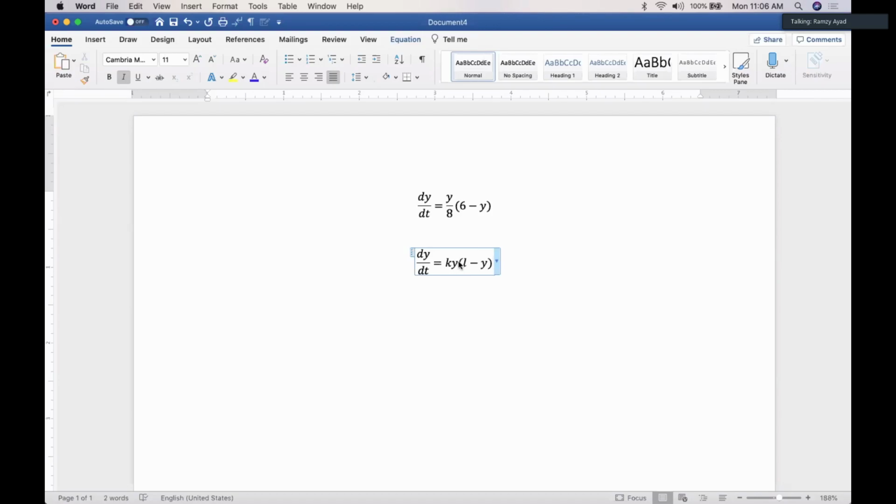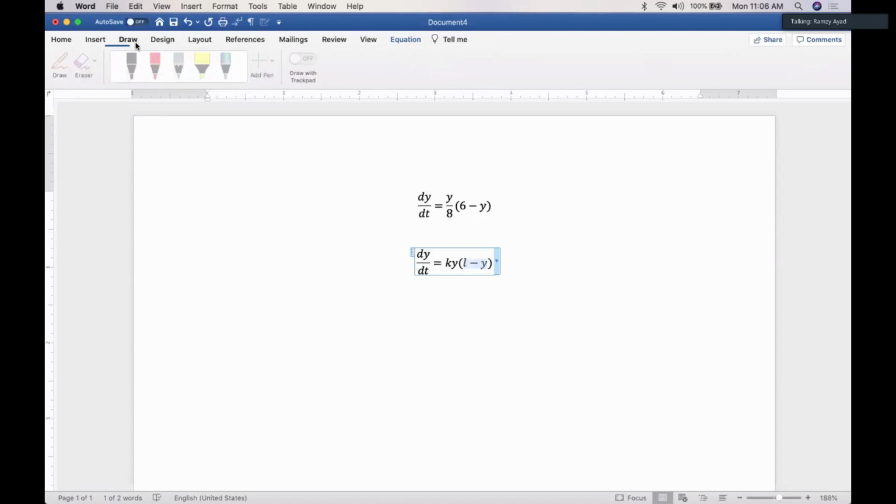Basically, you don't see x in that differential equation, right? Second, this is a constant times y. This is the limit minus y again. In this case, this is what we call a logistic equation.